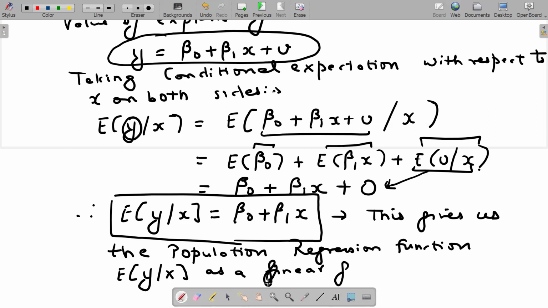Let me write this clearly. Linear function of x. Okay, so it's going to tell us how x has an impact on the expected value of y, or the average value of y.